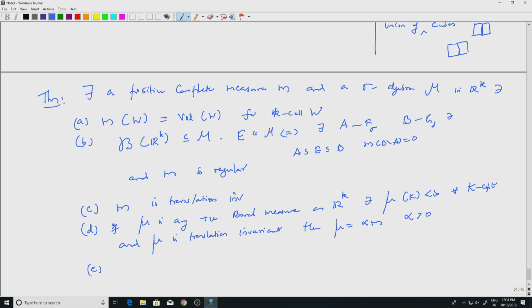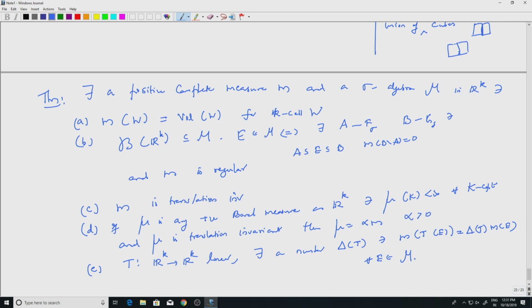Okay. So, the last property, if I have a linear transformation T, there exists a number which we call delta T. This is actually going to be the determinant of T, we will compute this later, such that the measure of TE, so that is the image of E, right, and you have to prove that TE is actually measurable, is equal to delta T times m of E for every E in M. Okay.